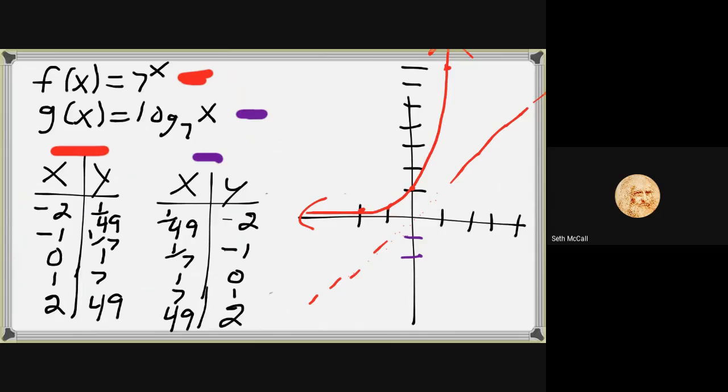Then you'd have a point right here. Sorry about that, guys. I'm having a little difficulty. And then 0, 1, and then 7, 1, which would be way over there. And you'd have a graph that would go like that. So there you go. The red graph is the exponential. The purple graph is the logarithmic function.